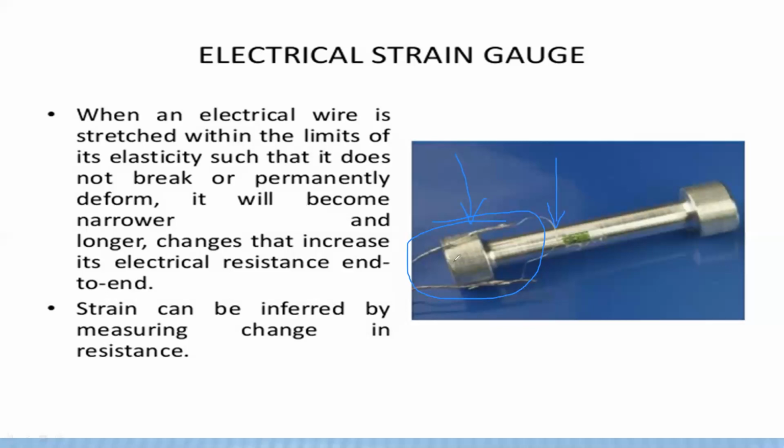So the electrical resistance is developed in this object. By using an electrical device, we can measure how much resistance is developed in this object, so that we can calculate the stress and strain using the electrical strain gauge. Strain can be inferred by measuring the change in resistance. So that is the electrical strain gauge.